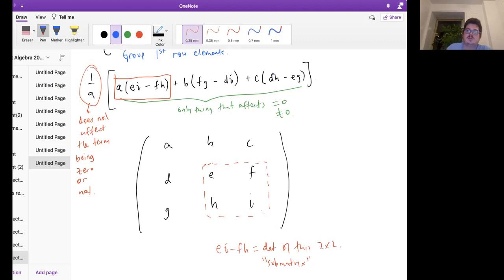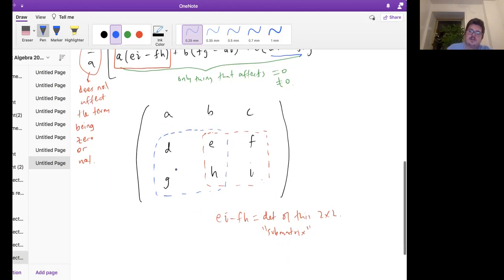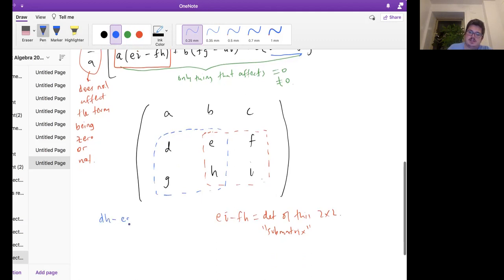Okay, what's another one? What's DH minus EG? The 2 by 2 on the left. DH minus EG is the determinant of this 2 by 2.